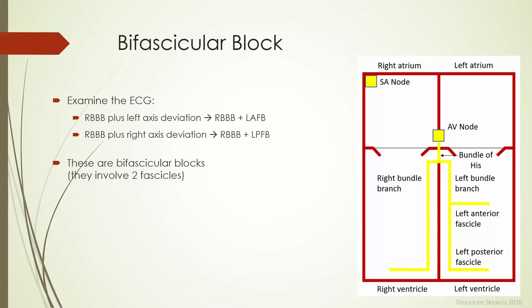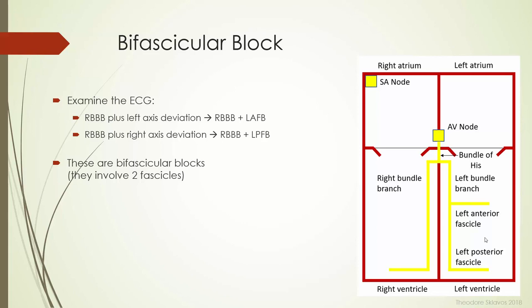And then on the last slide I said that if one of the fascicles is blocked, then you'll get an axis deviation, okay? A left axis with the left anterior fascicular block, and a right axis with the left posterior fascicular block. So if you're looking at the ECG, and you see the RSR complex in V1, okay, so that's alerted you to the right bundle branch block, and you also see that there's an axis deviation, well now you suspect that in addition to your right bundle branch block, you've also got one of the fascicles blocked.